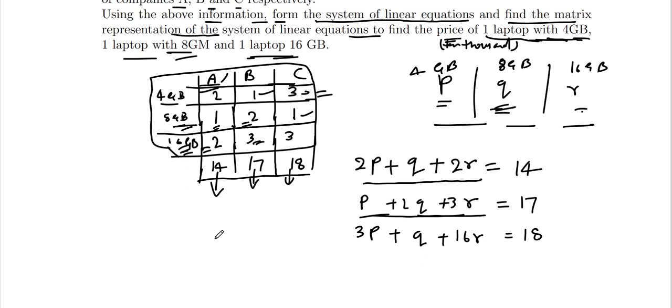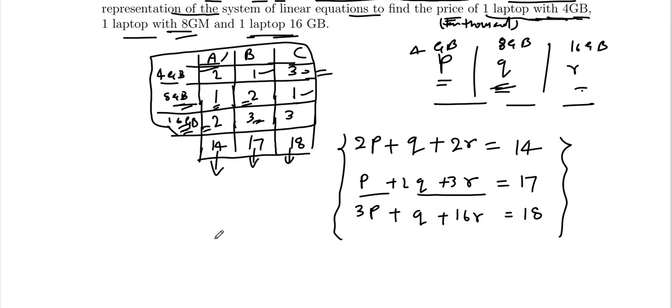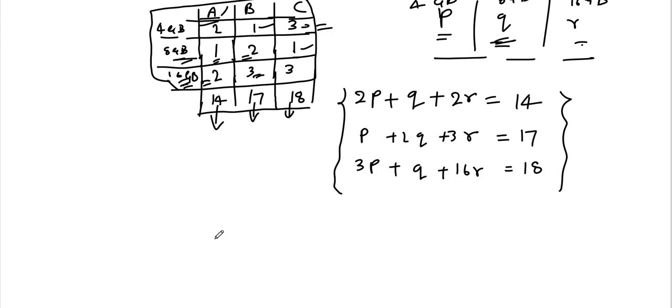Now this is the system of linear equations in variables P, Q, R. So we have formed the system of linear equations. Now what will be the matrix representation of this system?